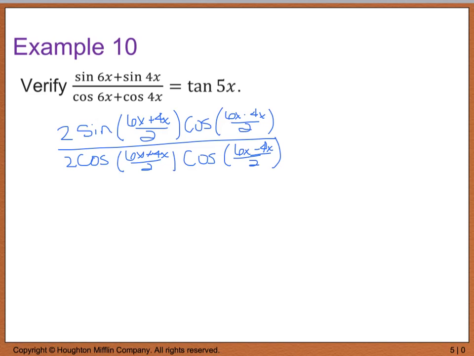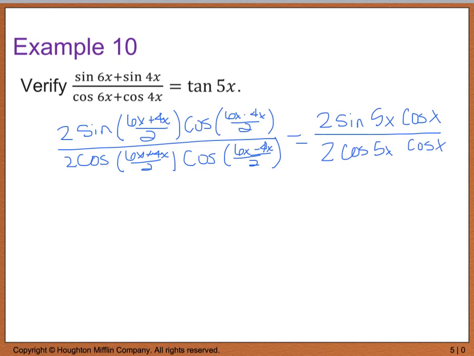And what you'll notice then is we can simplify this down to 2 times the sine of 10x divided by 2, which is 5x, times the cosine of x. And we're going to divide this by 2 times the cosine of 5x times cosine x.